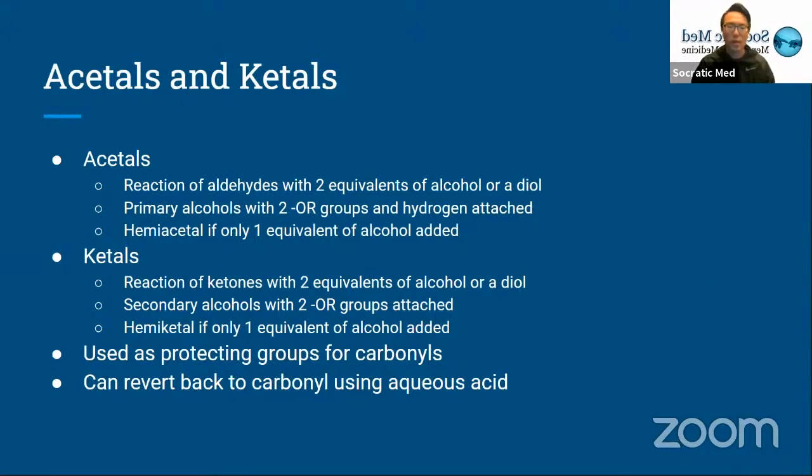This forms a secondary alcohol with two OR groups attached to it. And when only one equivalent of an alcohol is added, a hemiketal is formed. So hemiacetal and hemiketal are when only one equivalent of an alcohol is added.